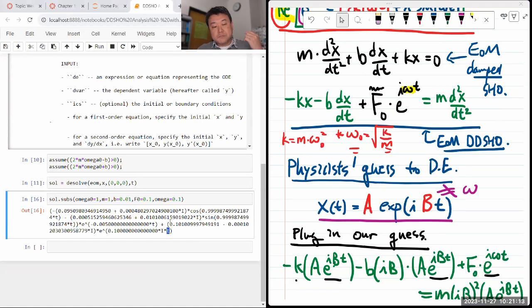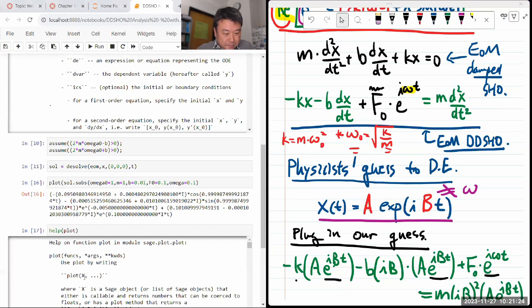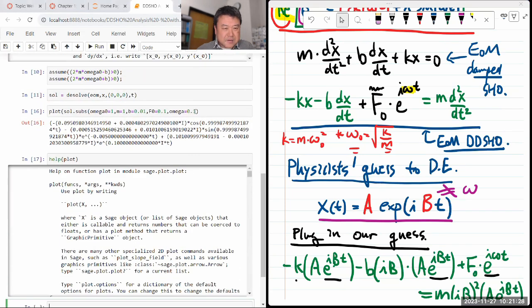Now, the challenge in doing that, so for example, I can try plotting it now. If I try to plot it now, which I don't know the syntax for plot function, I think it's going to be plot this function and then t from, let's say, 0 to 100.